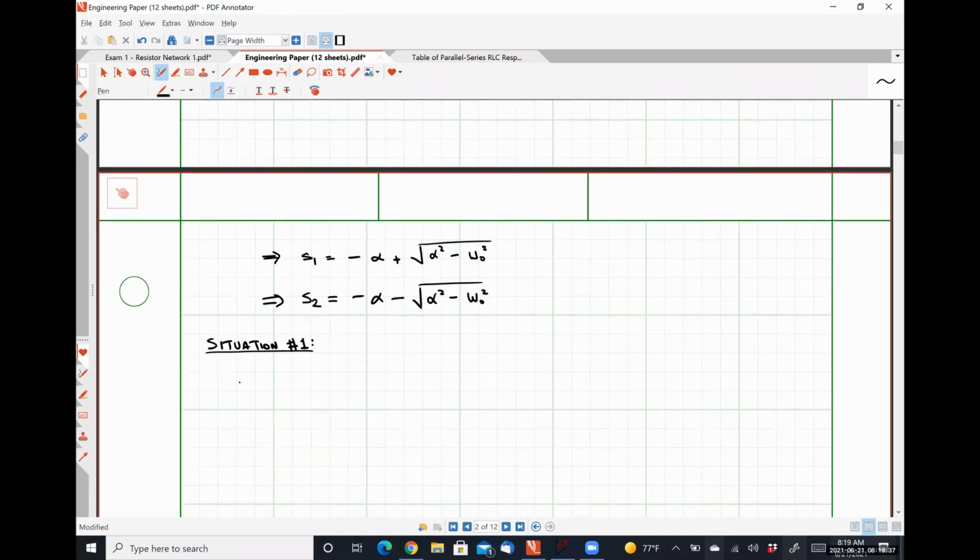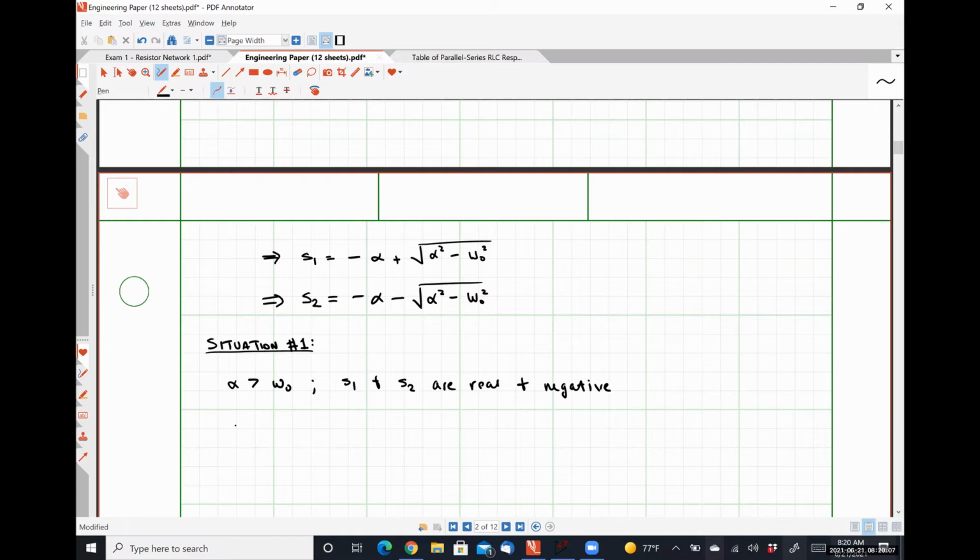Let's say that alpha is greater than omega naught. When alpha is greater than omega naught, S1 and S2 are real and negative.